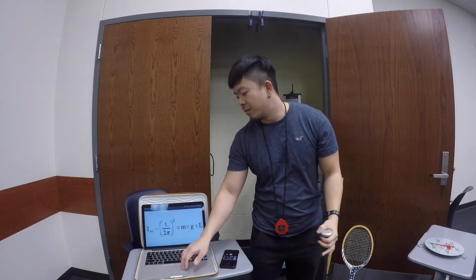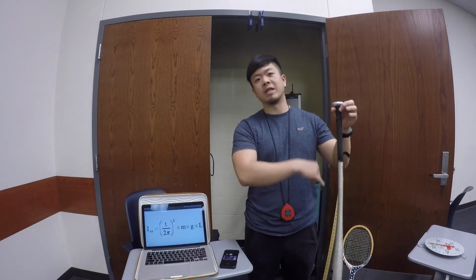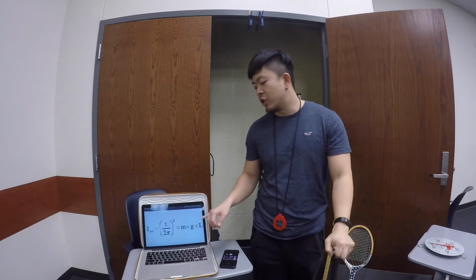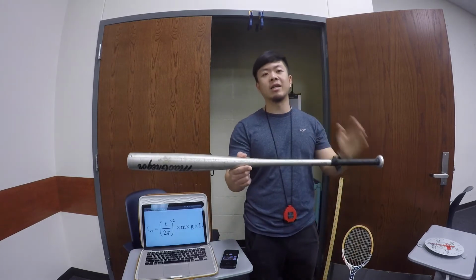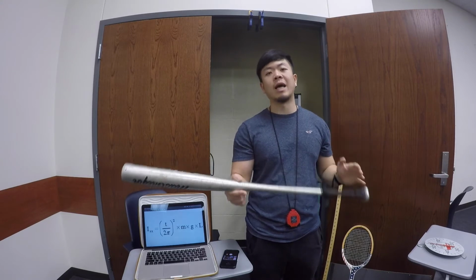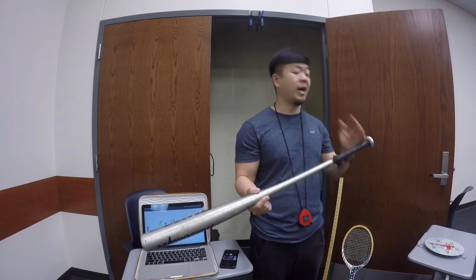We've got M, which is mass. We have the scale to measure it. And we've got g, which is 9.8. The L is from the center of mass to the axis of rotation, which is the side where you're hanging this object.